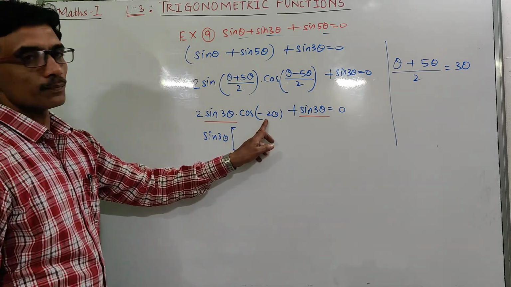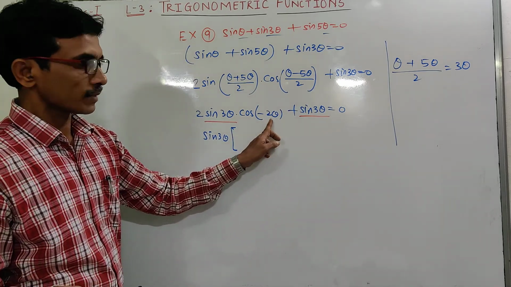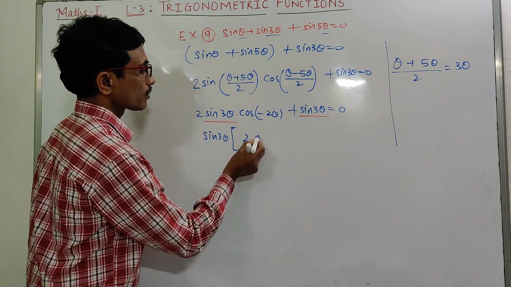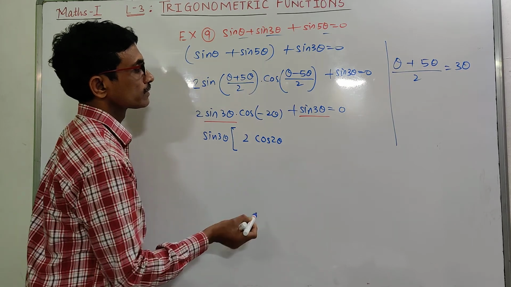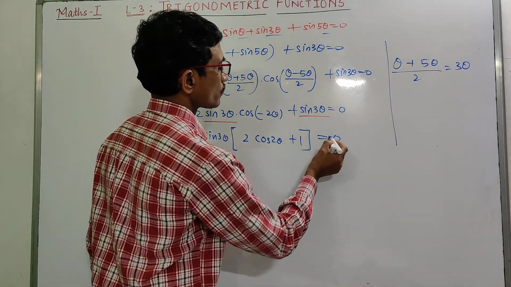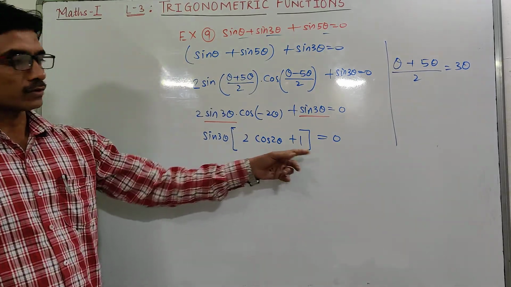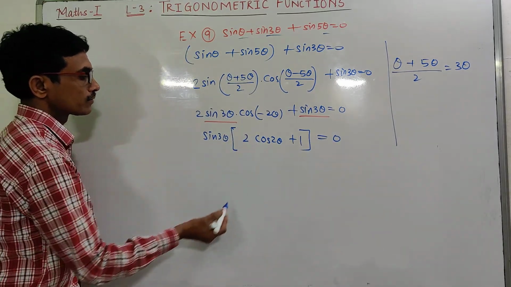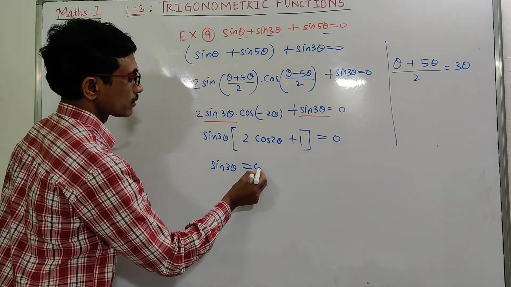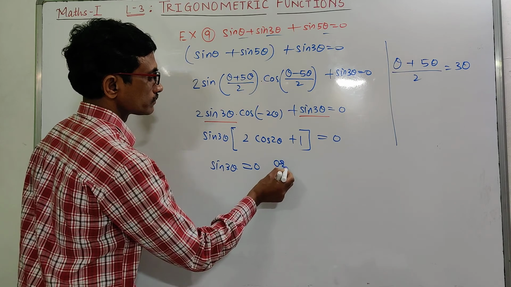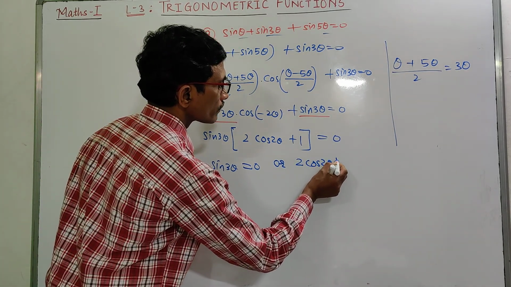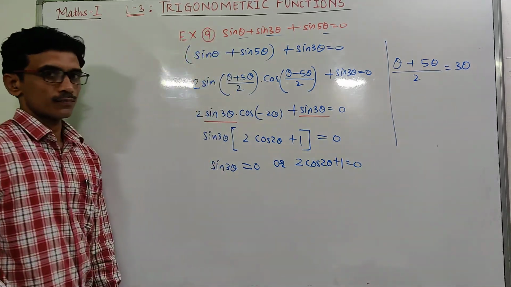Here cos of minus theta is cos theta, so cos of minus 2 theta is nothing but cos 2 theta. 2 is left here: sin 3 theta into 2 cos 2 theta plus 1 is equal to 0. Product of these two is 0, that means this is equal to 0 or this is equal to 0. Sin of 3 theta is equal to 0 or 2 cos 2 theta plus 1 is equal to 0.